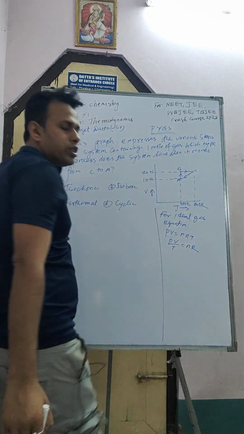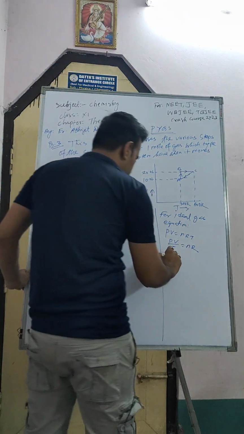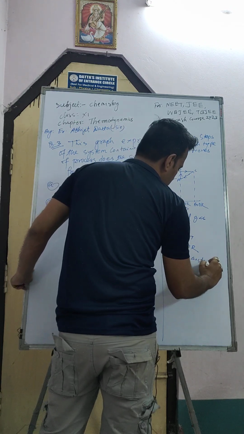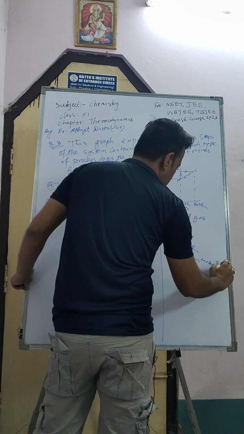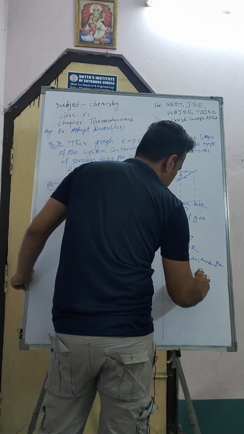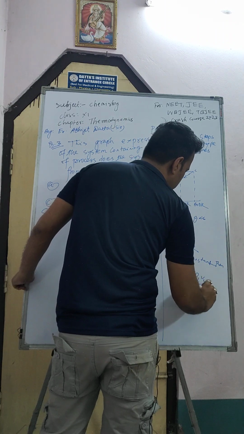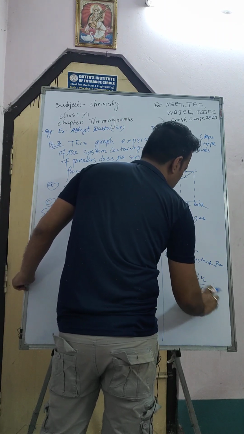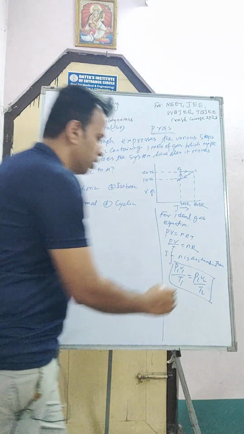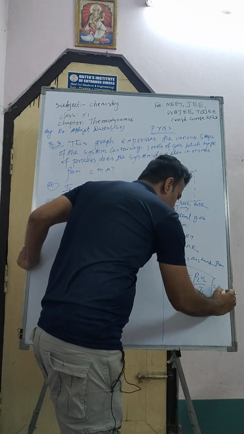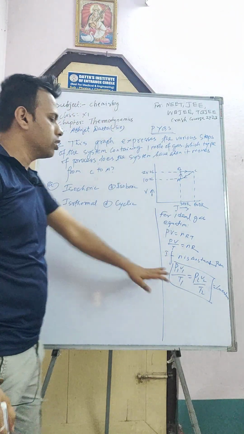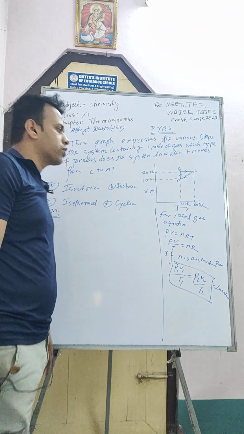If n is constant, then P1 V1 by T1 equal to P2 V2 by T2 equal to constant. If n is constant, then R is also constant, the gas constant. So this one is constant. Okay, this is from the ideal gas equation.